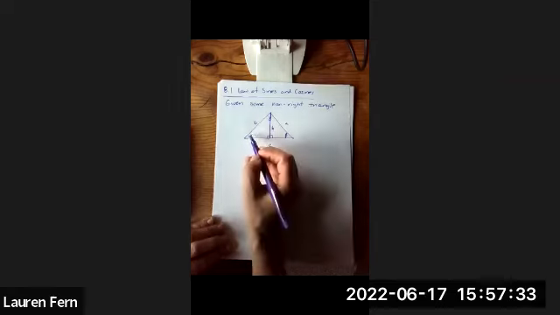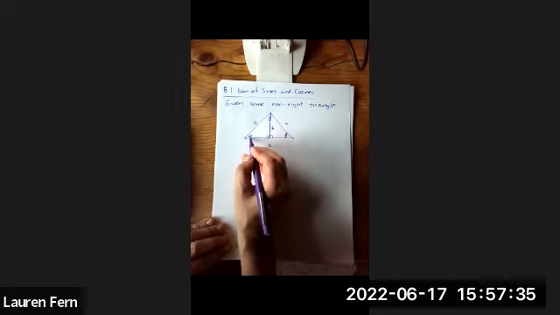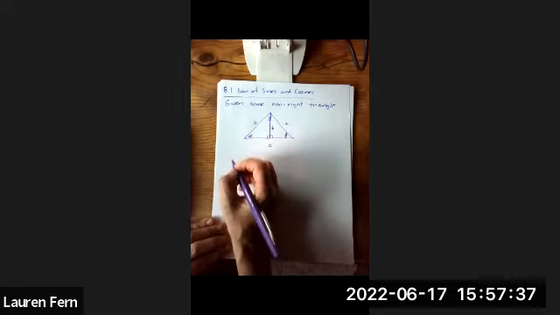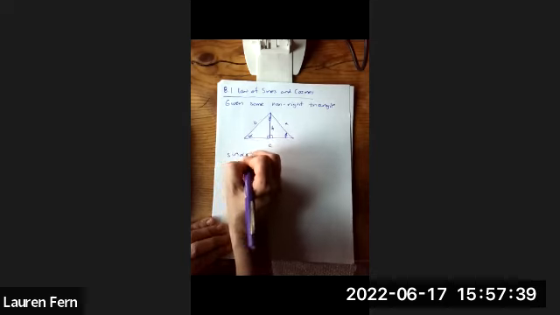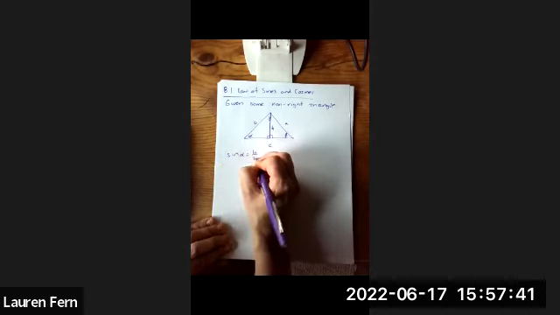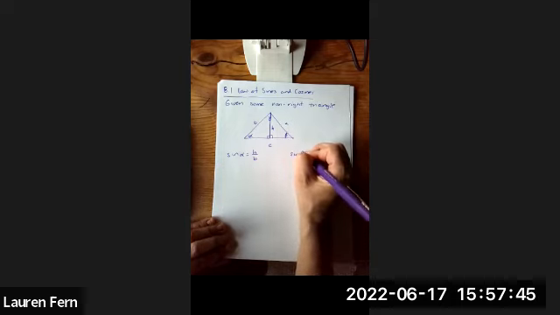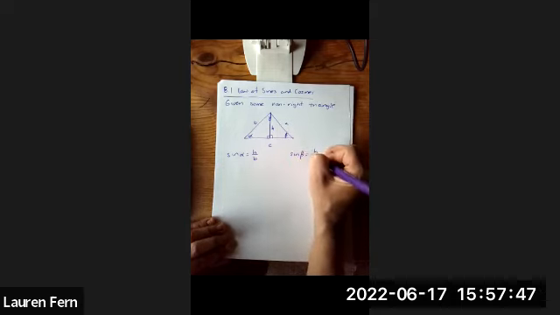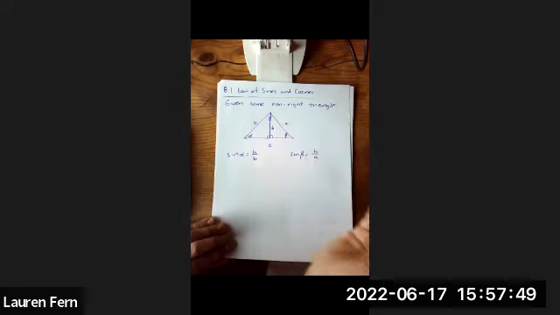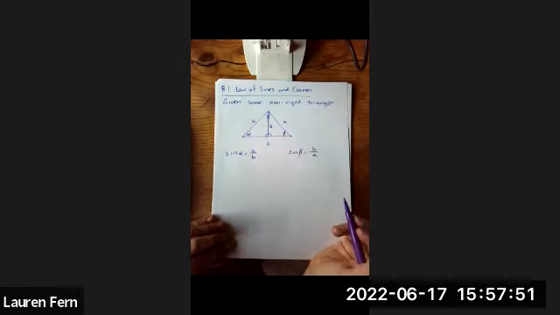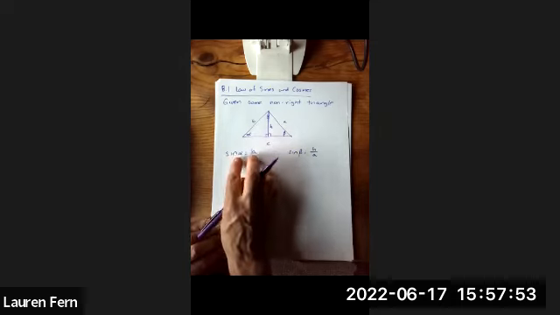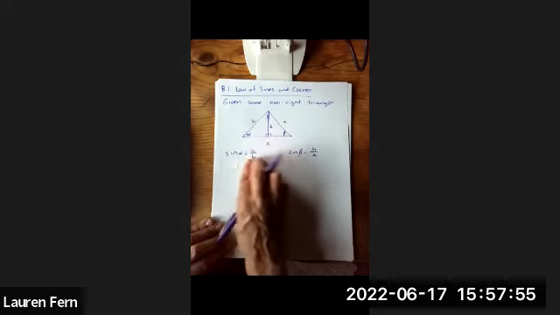So I claim here that if I'm looking at my angle alpha, the sine of alpha is h over b. And I claim that the sine of beta is h over a, opposite over hypotenuse. Well, I can rewrite each of these in terms of h.